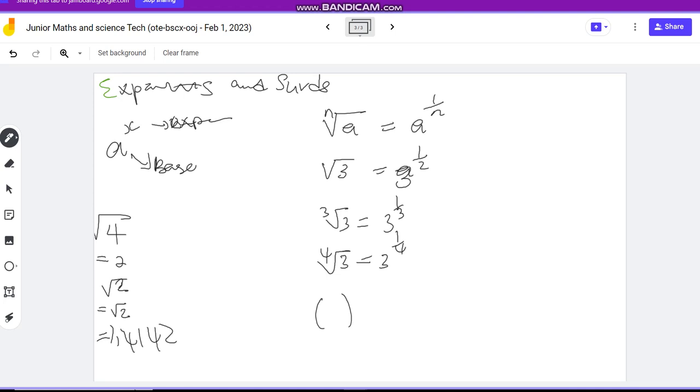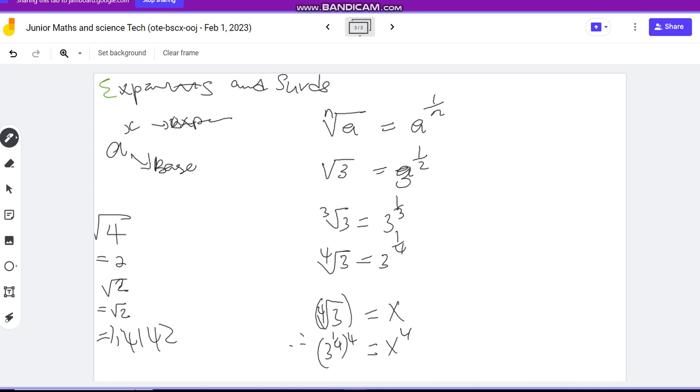Let's take for an example, you have a 4 here and then a 3 here, and the equation is something like this. To remove this root here, this is the same as 3 to the power of 1 over 4, meaning to remove this 1 over 4, you need to raise to the power of 4 and also raise the x to the power of 4.